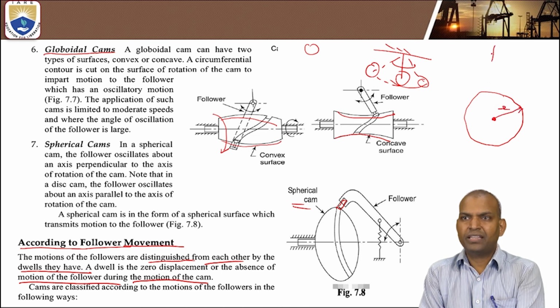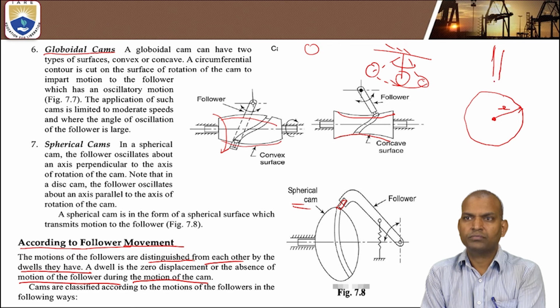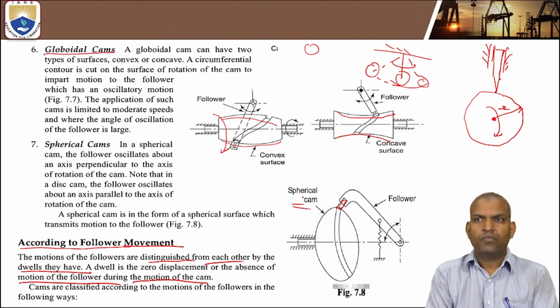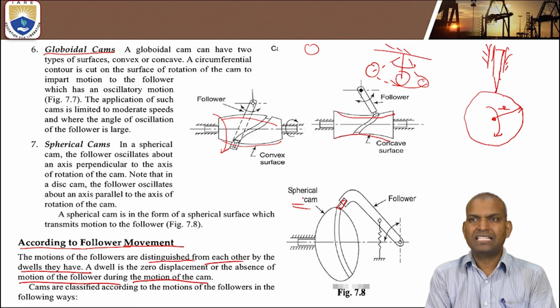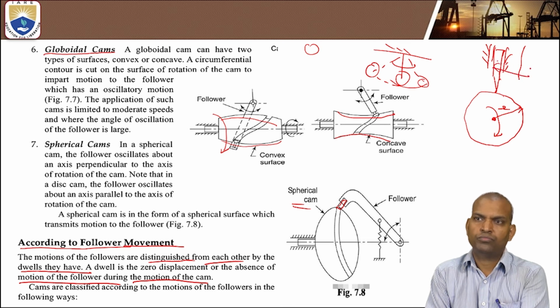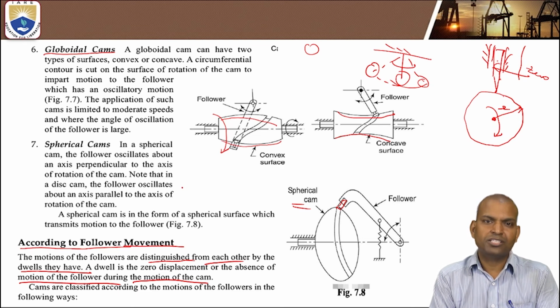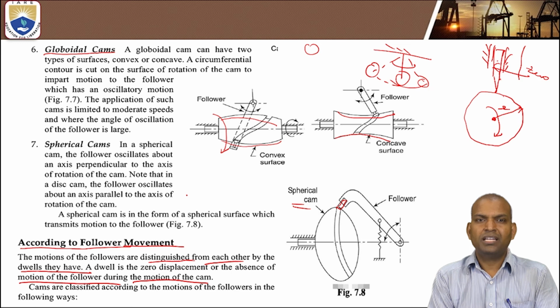It is connected with a knife edge follower. When this cam is rotating, what is the motion of the follower? Vertical translatory motion for this follower is 0. Why? The radius of the cam remains constant. That means there is no displacement in the follower.